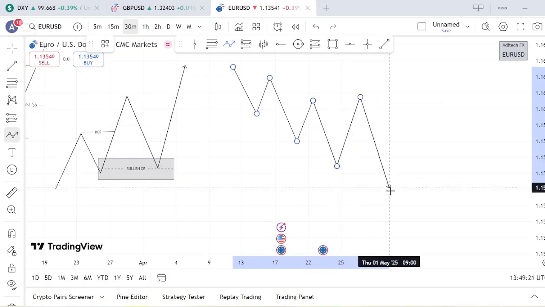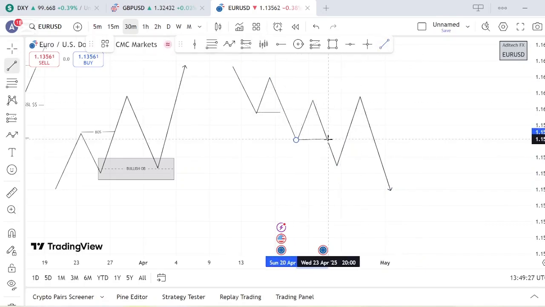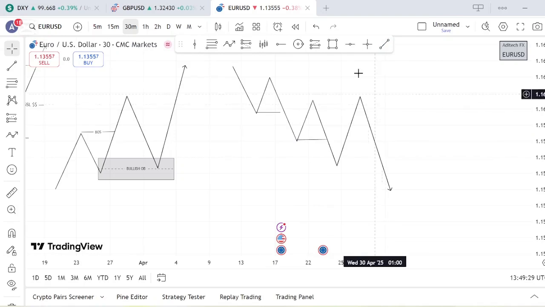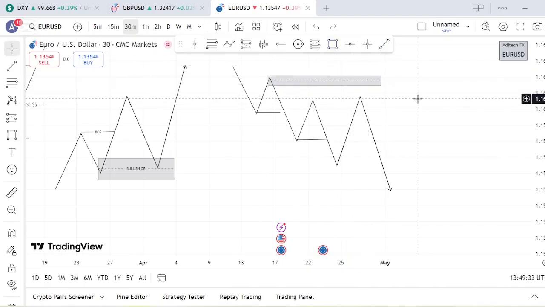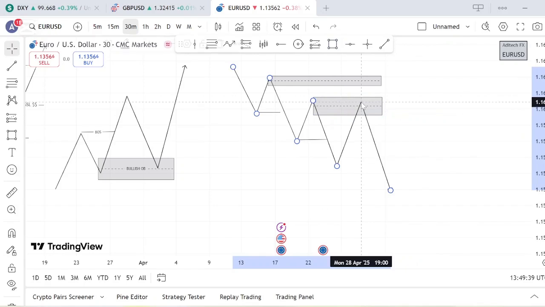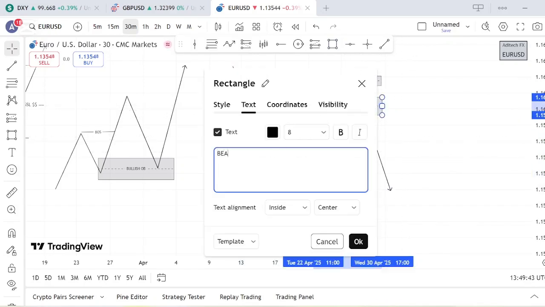This is a break of structure. This is a break of structure. There's another block right here. So this is a bearish order block.